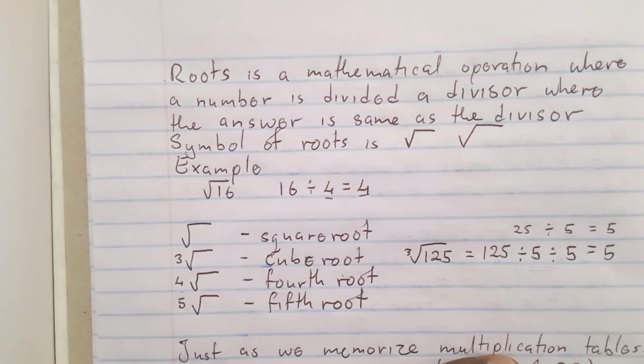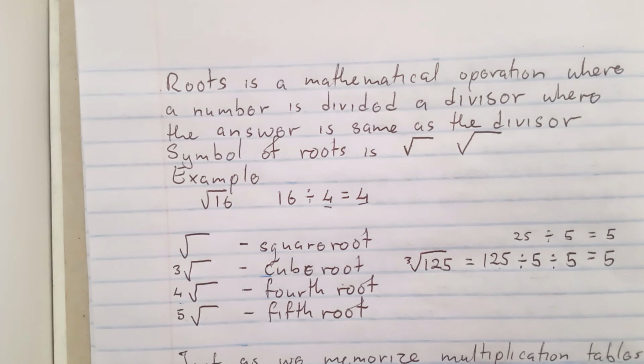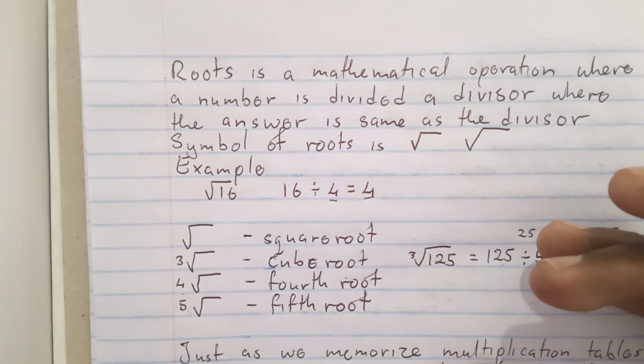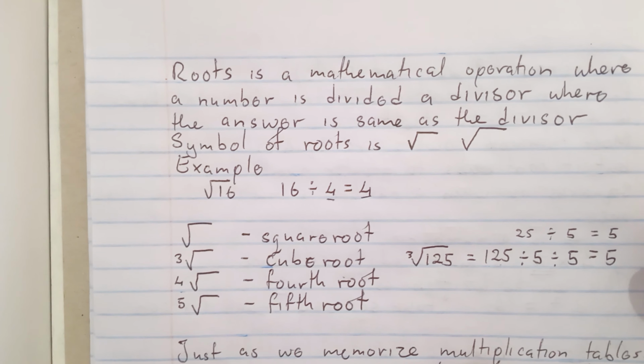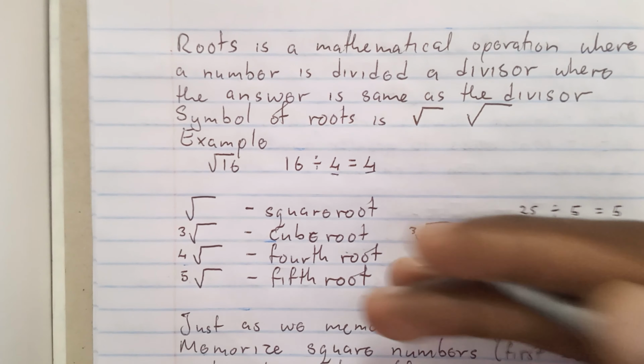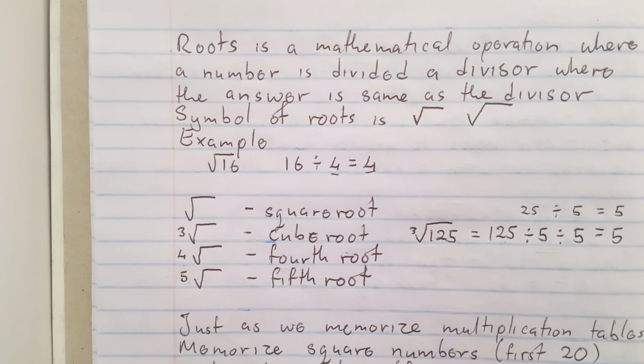So one of the important skills here is mastering the square numbers and cube numbers, the same way we master multiplication. By now we've talked about multiplying, like mastering your times table and how to improve in that. Here we now have square numbers.